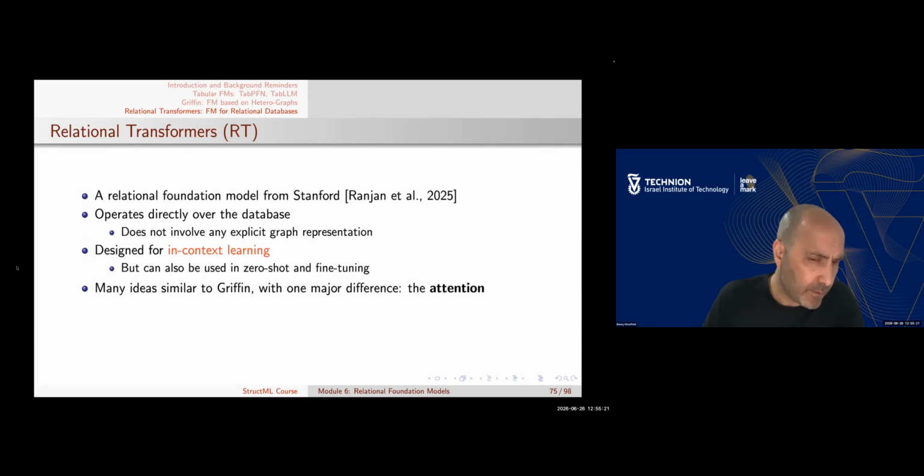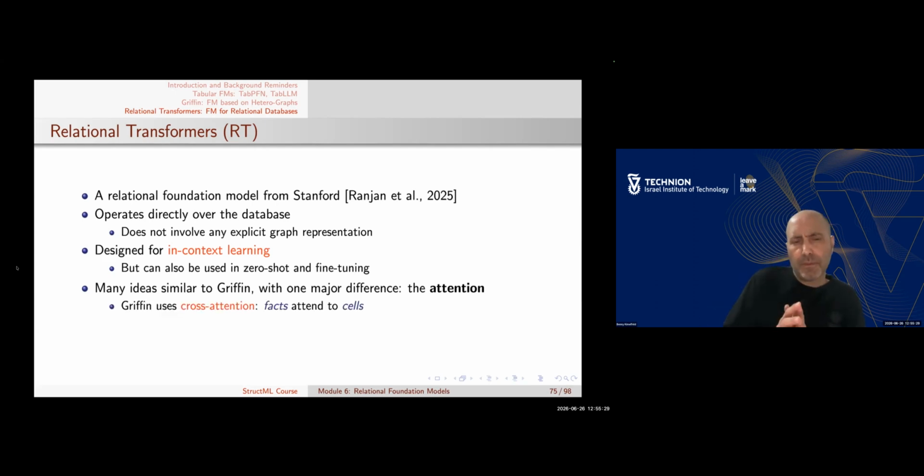A lot of the ideas are similar to Griffin. There's one major technical difference, how they use the attention. So remember that Griffin builds a representation of facts, and the representation of a fact attends to the cells. Facts attend to cells and metadata of the cells.